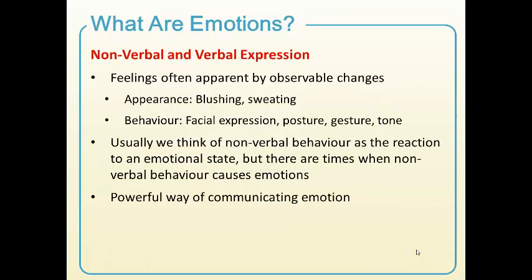It's important to realize that our feelings are often apparent by those observable changes. So you may be thinking that people don't know that you're experiencing an emotion. They may be seeing that feeling displayed right on your body.